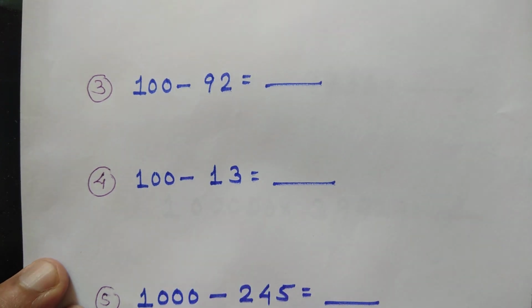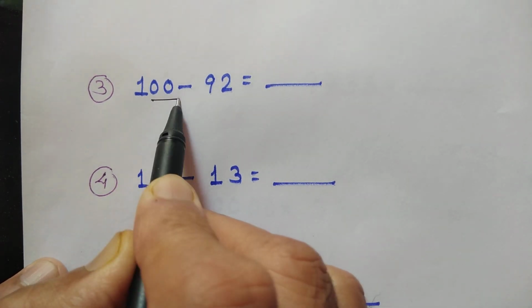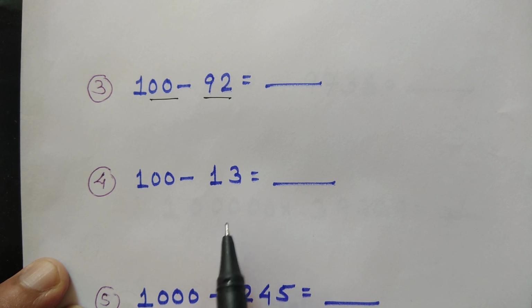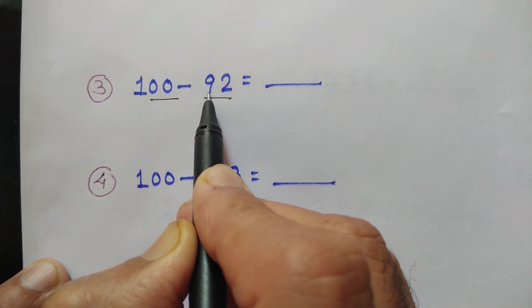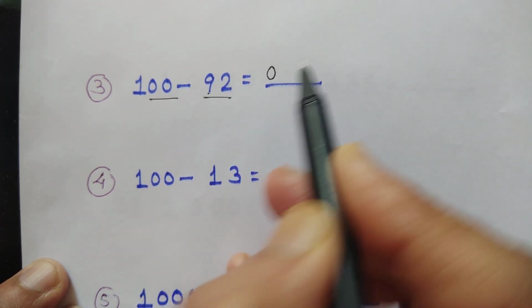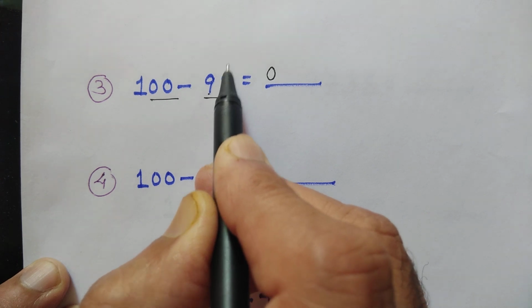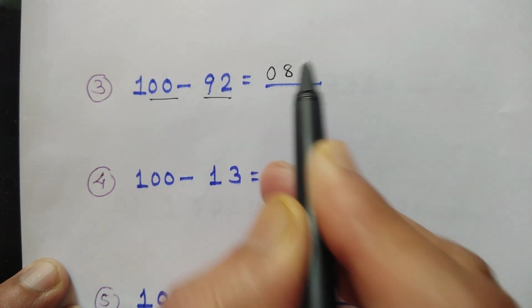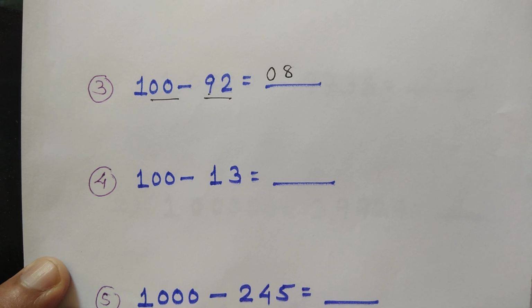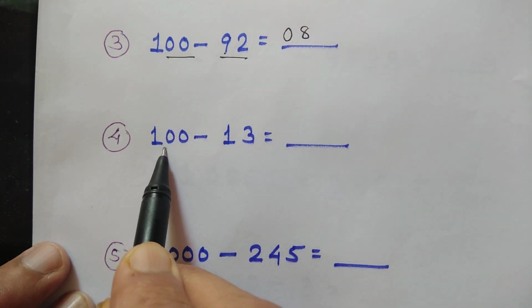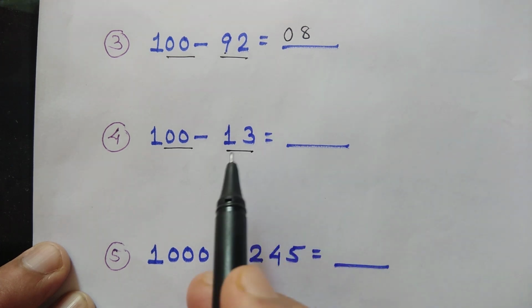Now 100 minus 92: two zeros, two digits. The 9's complement is 0 and 2 subtracted from 10 is 8. 08 is the answer.